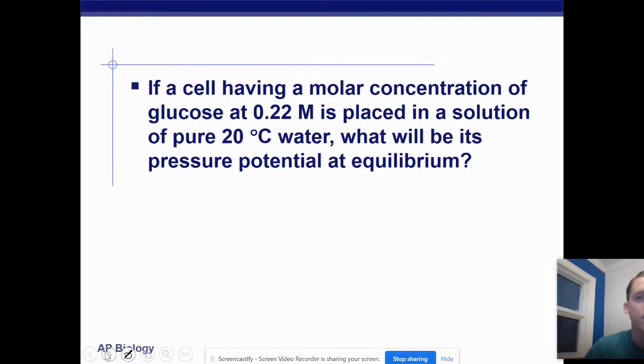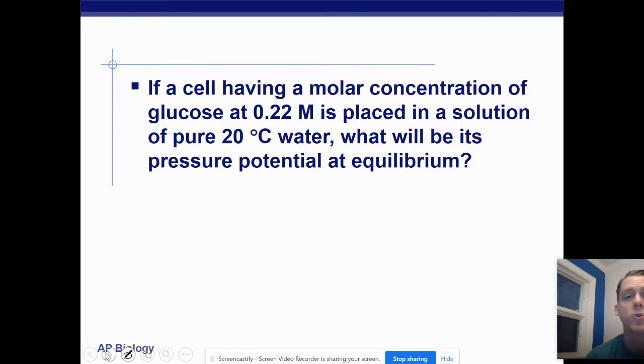All right. If a cell having a molar concentration of glucose at 0.22 molar is placed in a solution of pure 20 degrees Celsius water, what will its pressure potential be at equilibrium? This could be a tough question. So try it out. Just a few hints. What I would do is assume that it's being placed in water that is open.